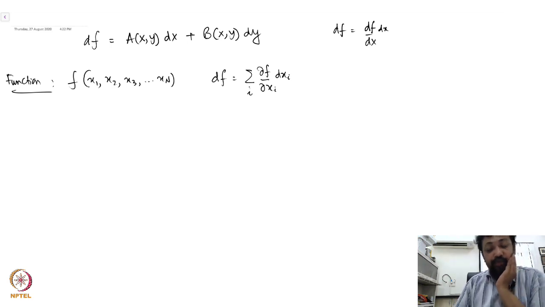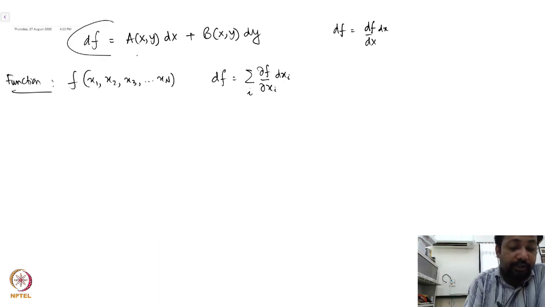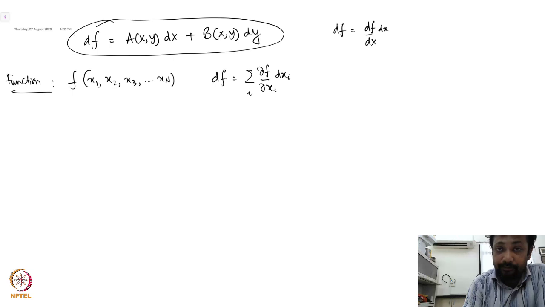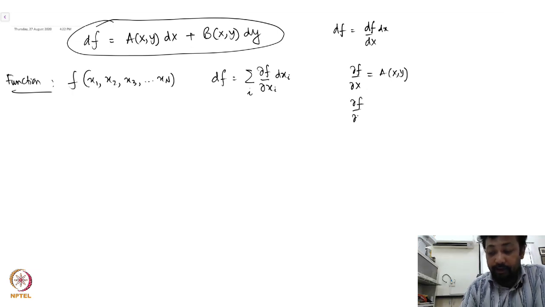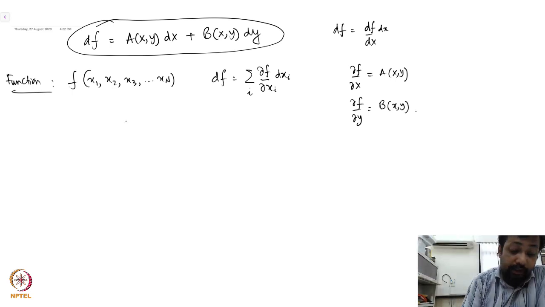And this is exactly what has been written over here. So if I draw the analogy, it immediately follows that del f by del x is a of xy and del f by del y is b of xy. But since it's an analytic function, the mixed derivatives must be the same: del 2f by del y del x.